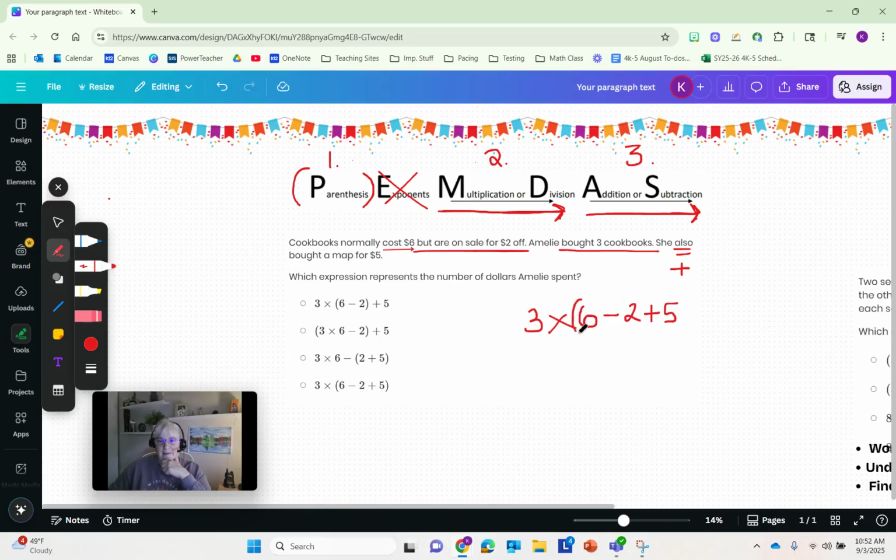So I need to put parentheses around this to represent the cost of one cookbook. And she bought 3 of those. And when that's finished, she added an extra $5. That matches this right here, which is the correct answer.